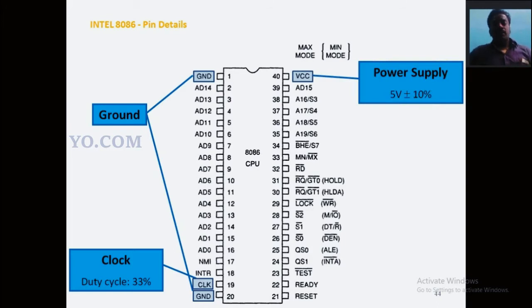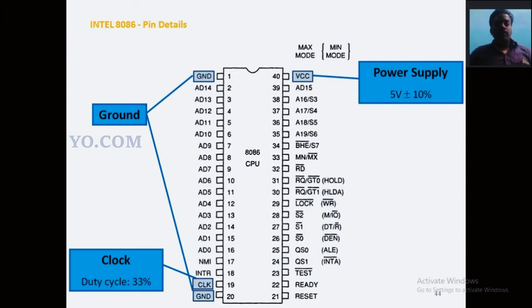VCC. What is VCC? Voltage source, or power supply. That is VCC. The power supply and the ground are combined together.